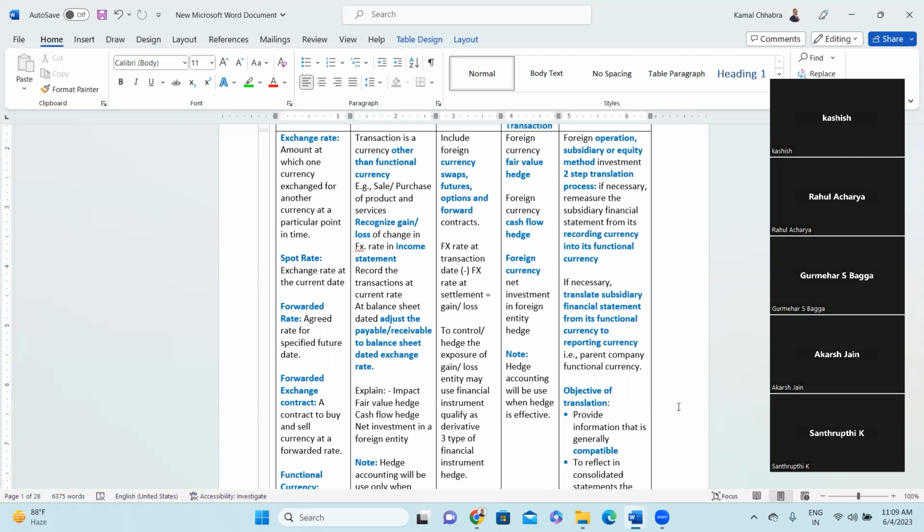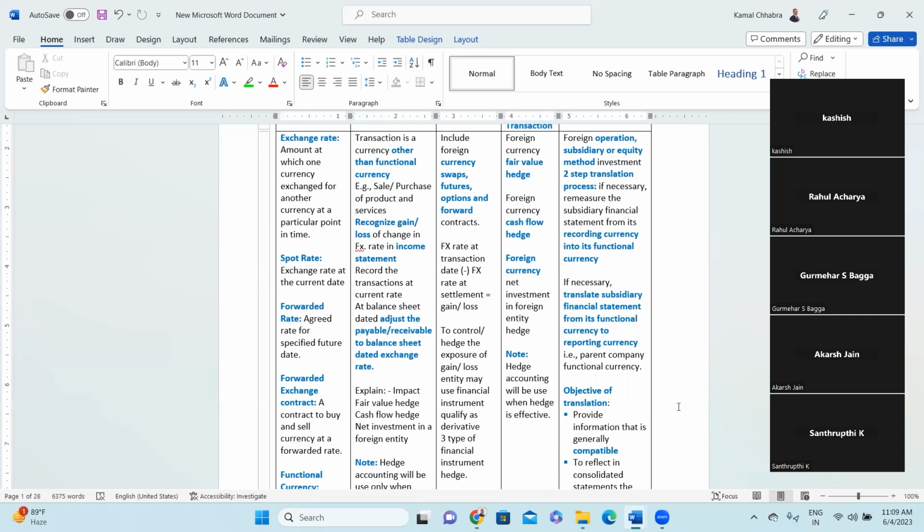That is called forward rate. What is forward rate? Future rate, basically. Correct. Kashish, Rahul, Gurmeher, make sense? Yes, sir. Agreed rate for a specific future date.